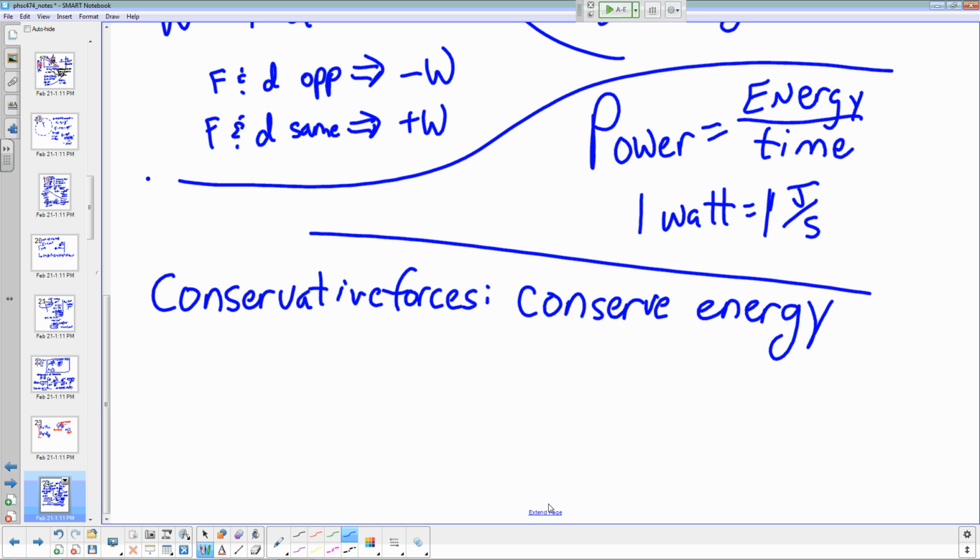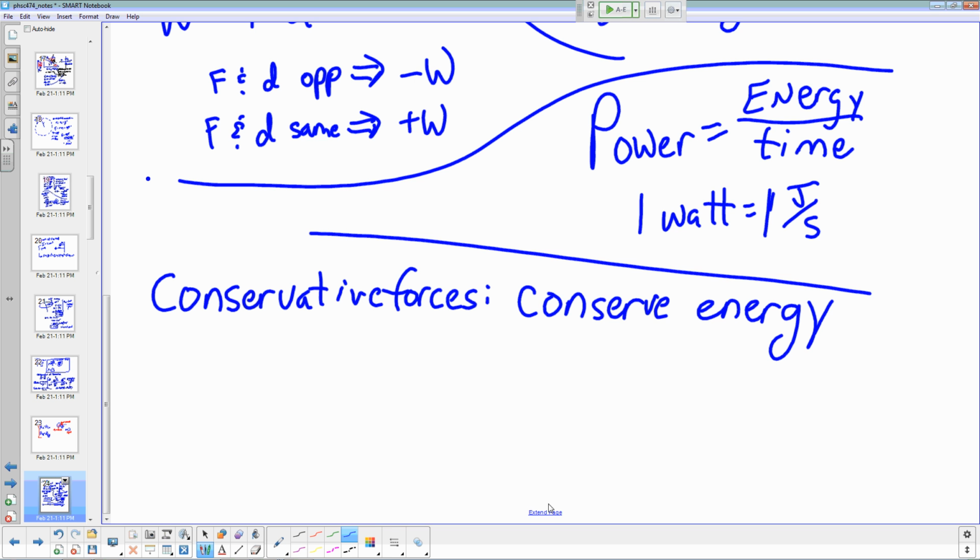That's why they're called conservative. Anytime you talk about something being conservative in physics, that usually means it's conserving energy. Conservative forces, there aren't that many. There are really only 2. What are those 2 conservative forces? Remember?